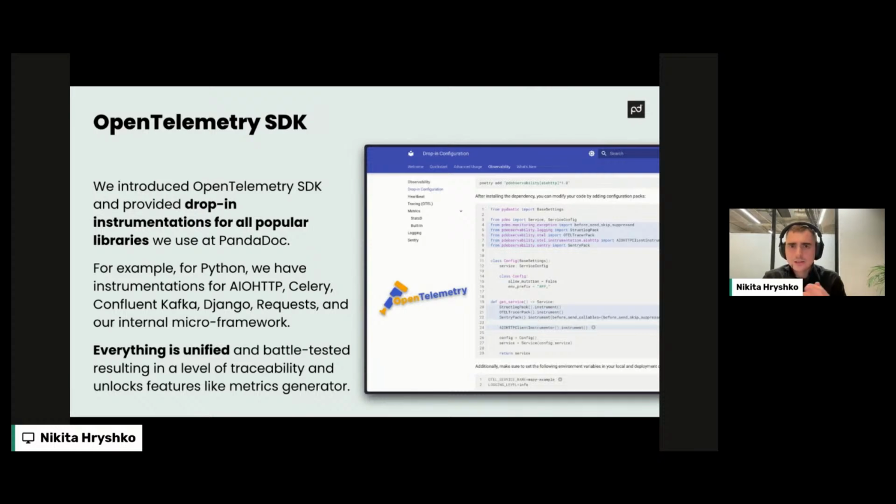For example, in Python, we have instrumentation for HTTP, Celery, Confluent Kafka consumers and producers, Django, requests, and of course, for our internal micro framework. And what is great is that everything is unified and battle tested, resulting in a level of traceability that unlocks features like metrics generator and exemplars.